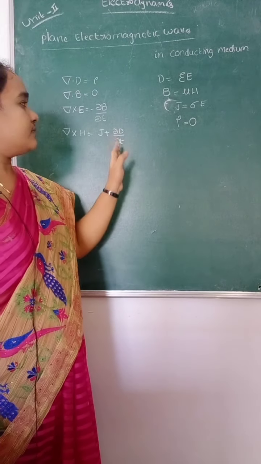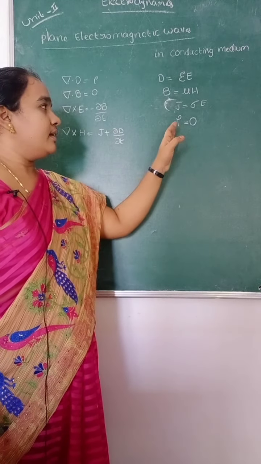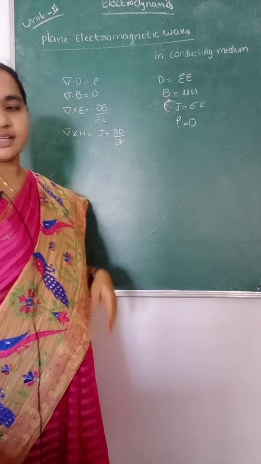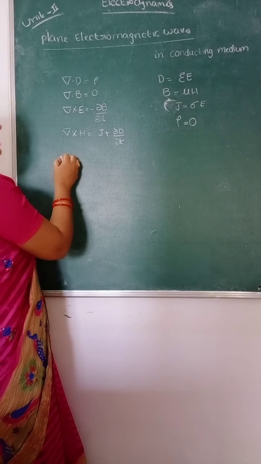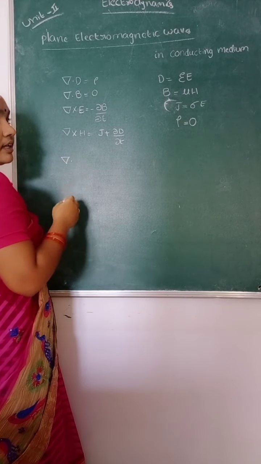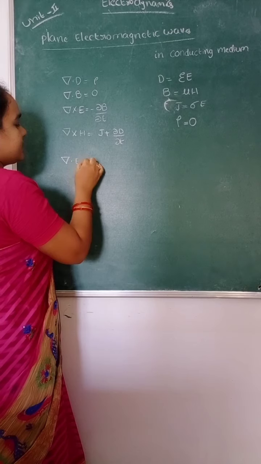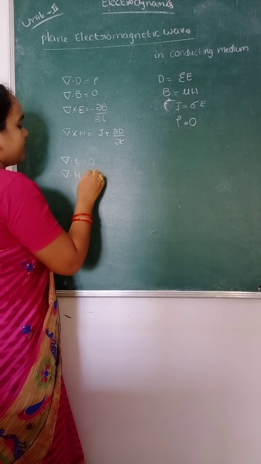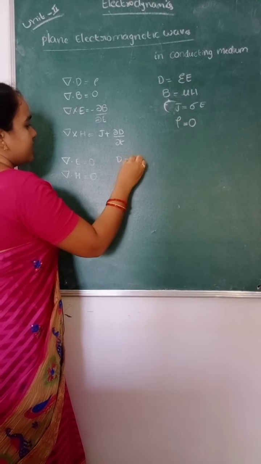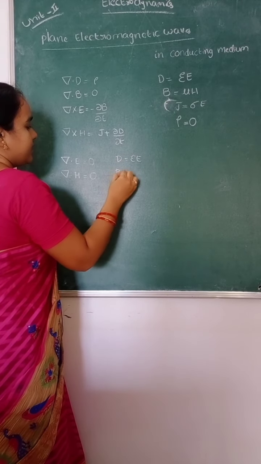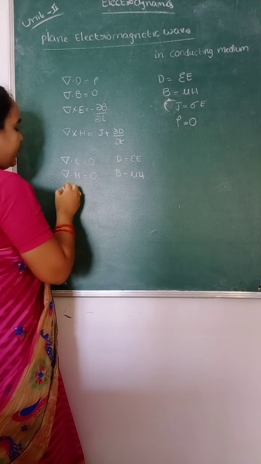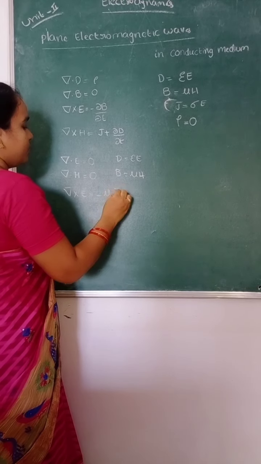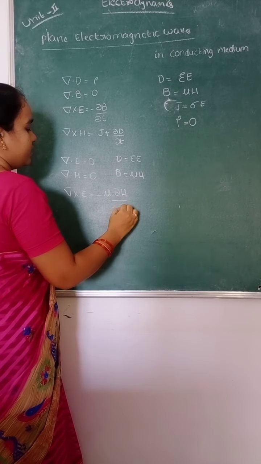Then these four equations are converted by assuming these values corresponding to the conducting media. We get the first equation, del dot epsilon E is equal to 0, that is del dot E is equal to 0. Next, del dot H is equal to 0, since D is equal to epsilon E and B is equal to mu H. And del cross E is equal to minus mu dou H by dou t.